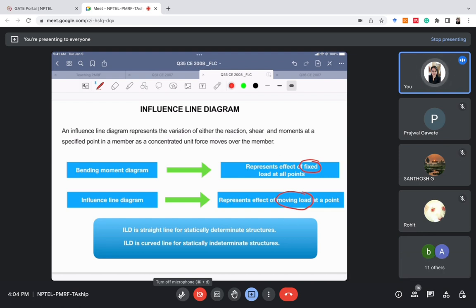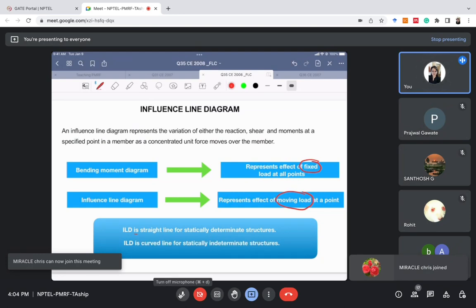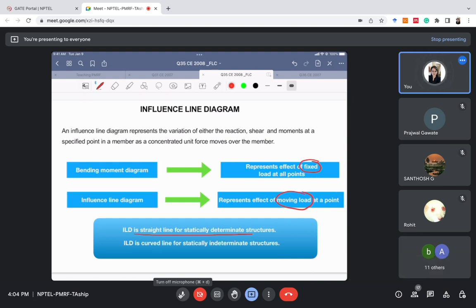So this I have already discussed in the last lecture also. Two important things to keep in mind regarding ILD: ILD is a straight line for statically determinate structures, while ILD is a curved line for statically indeterminate structures. These two points will be very helpful while you are ruling out the wrong options in the GATE problem.